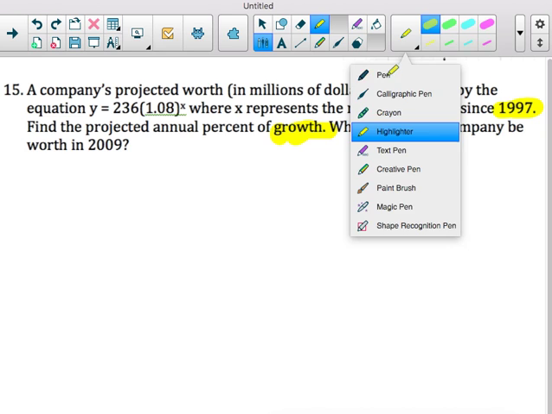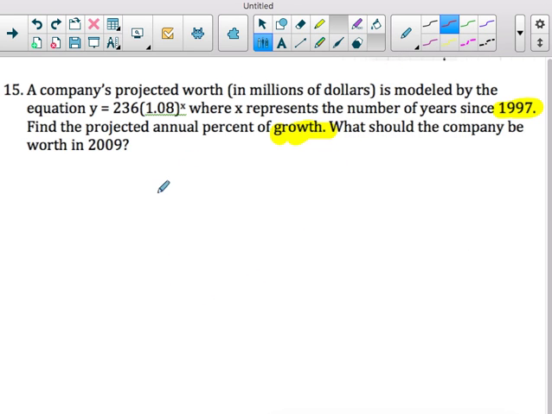Okay, so let's think about what our problem is telling us. They give us the equation: y is equal to 236 times 1.08 raised to the x power.